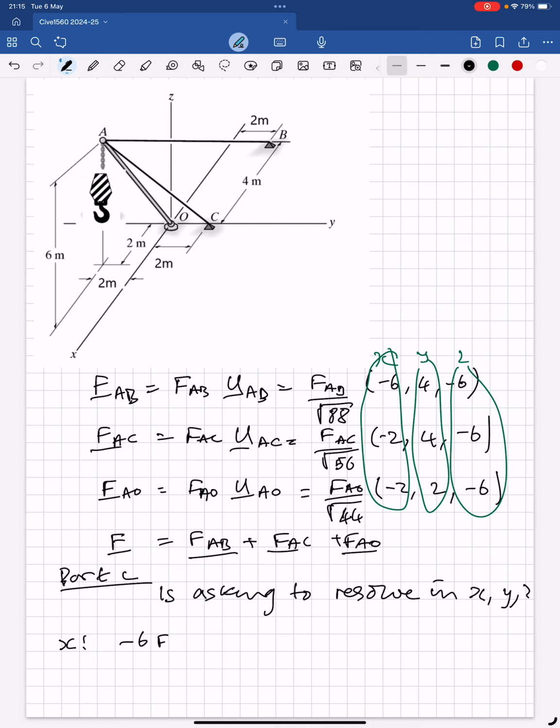Minus 6 FAB over root 88 plus minus 2 FAC over root 56 plus minus 2 FAO over root 44 is equal to 0. That's just this vertical column here. And we can do it for the y direction.